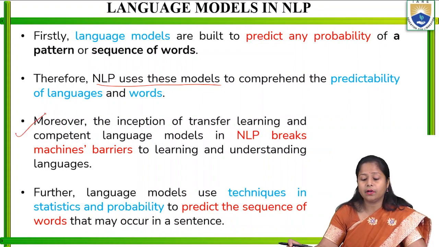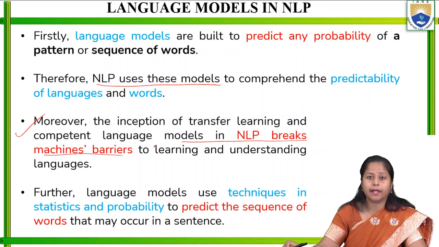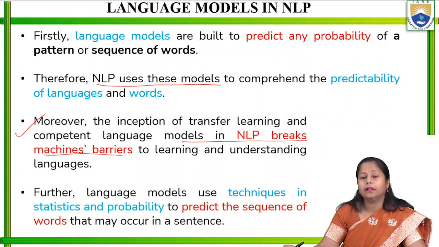Moreover, the inception of transfer learning and competent language models in NLP breaks machines' barriers to learning and understanding language. Basically, NLP feeds the machine the right models that give an intelligent interpretation of the probability of the upcoming word or sentence.